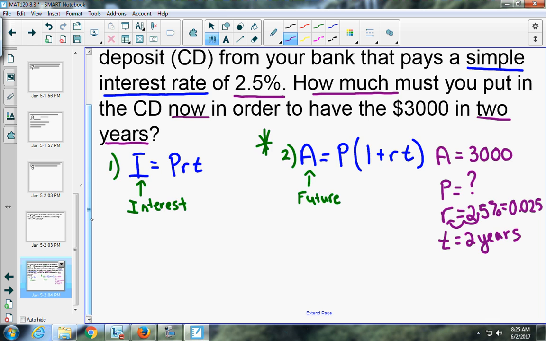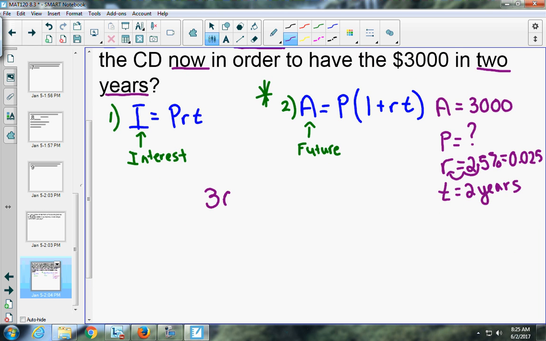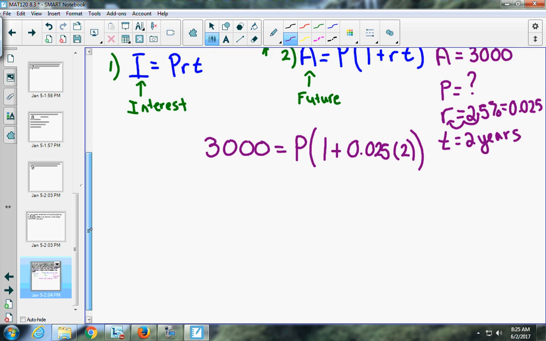If I substitute everything into that second equation, I will have 3,000 equals my principal P times 1 plus the rate 0.025 times the time 2. I need to actually solve this equation. My variable P is on that right-hand side with a few other numbers.